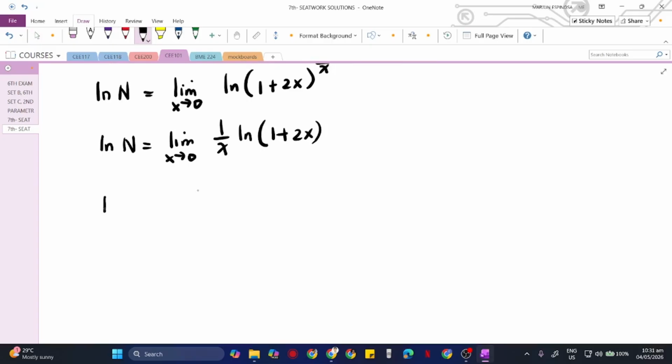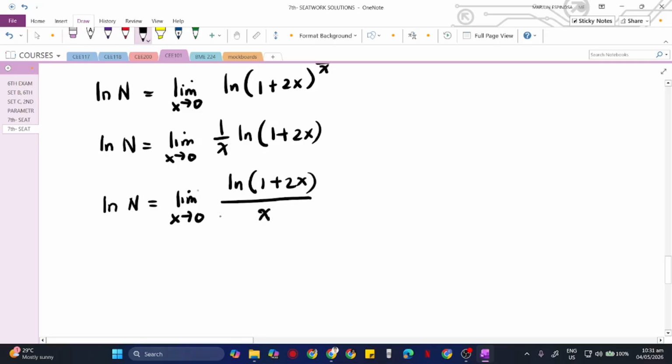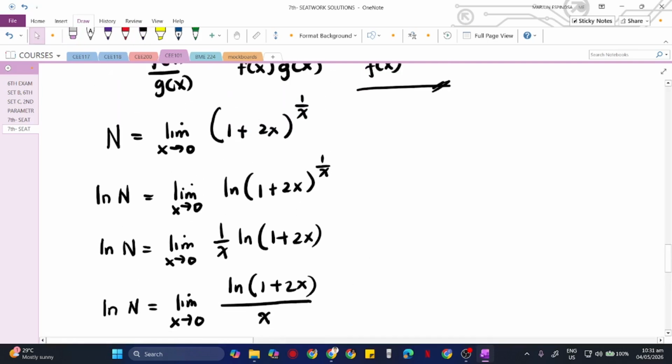Itong 1 over x, we can take the reciprocal of that so that it will become our denominator. And then from here, we can now apply the L'Hopital's rule.